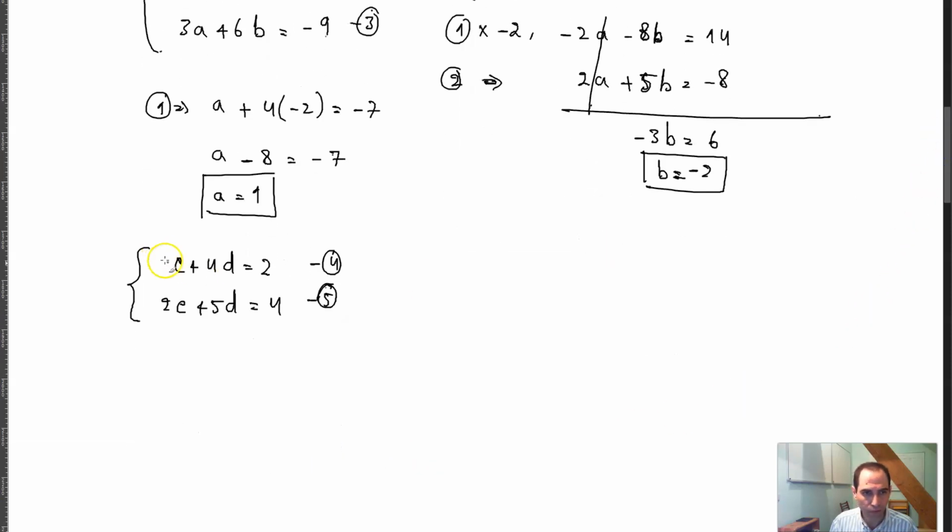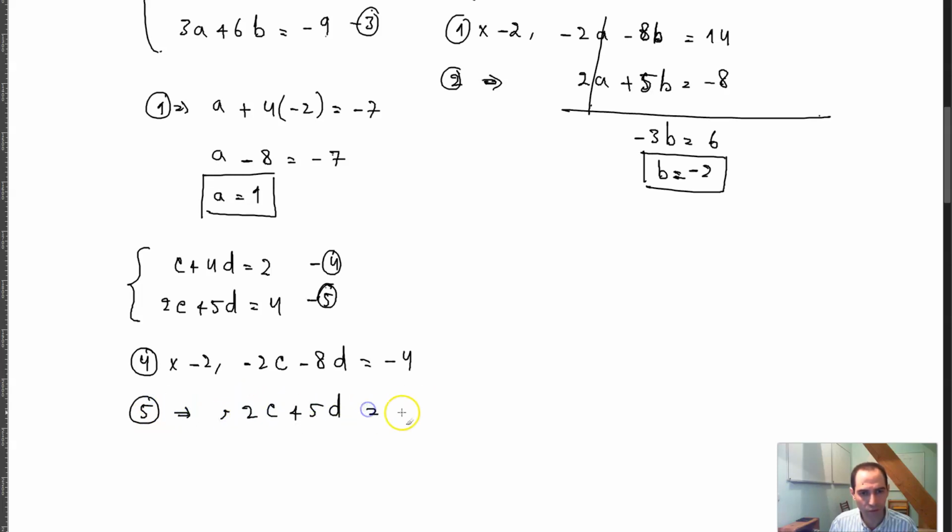If I multiply 4 by negative 2, I have negative 2C, negative 8D is equal to negative 4, and write 5 as it is, I will get 2C plus 5D is equal to 4, and therefore the C terms will cancel out. I'll have negative 3D is equal to 0. That means that D is equal to 0.